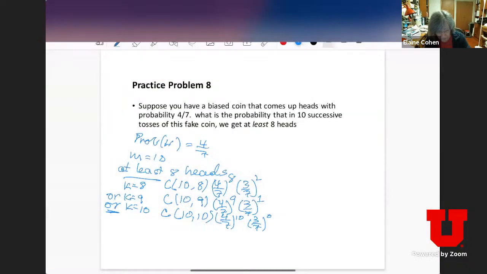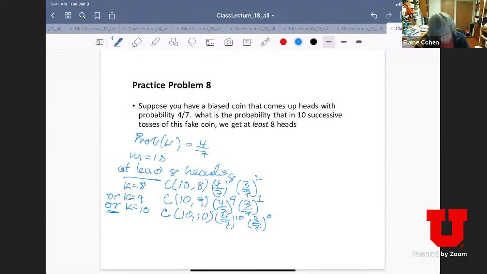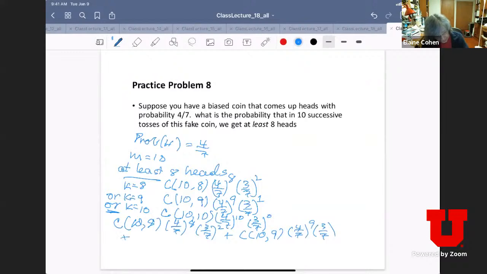We add them together. So the probability is 10 choose 8 times 4/7 to the 8th times 3/7 squared, plus 10 choose 9 times 4/7 to the 9th times 3/7, plus, what's 10 choose 10? 1.